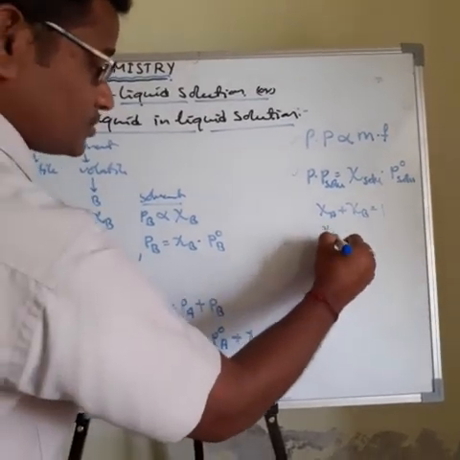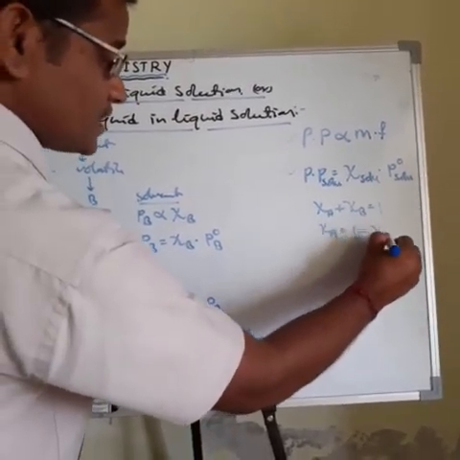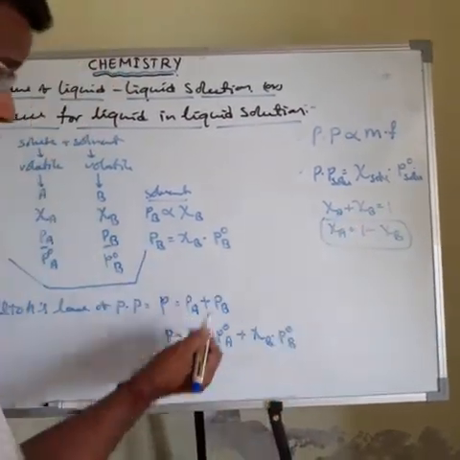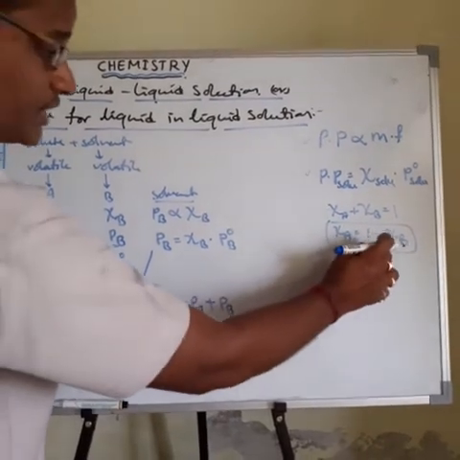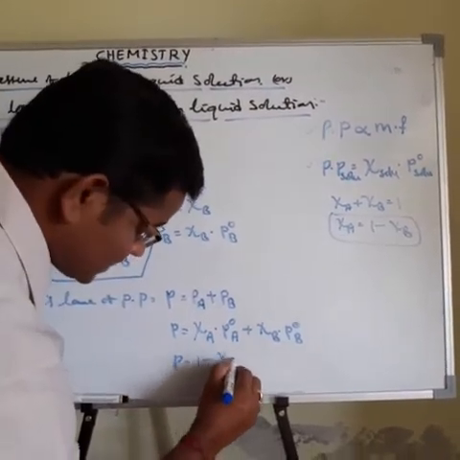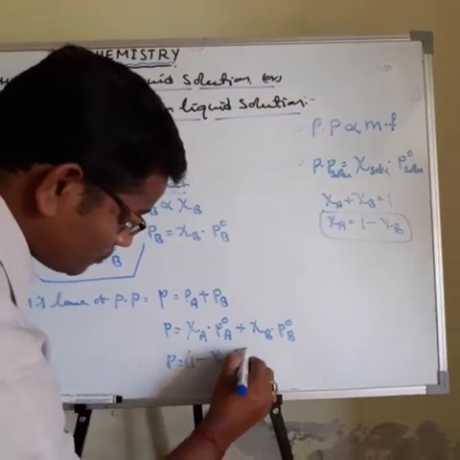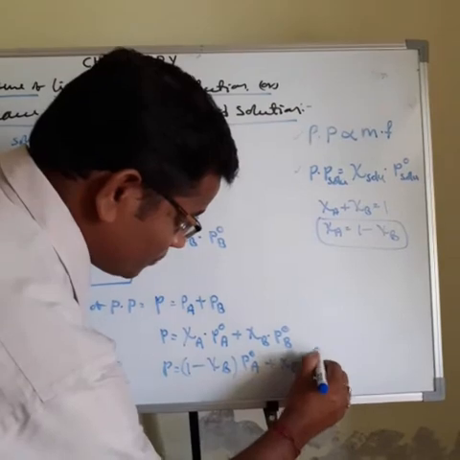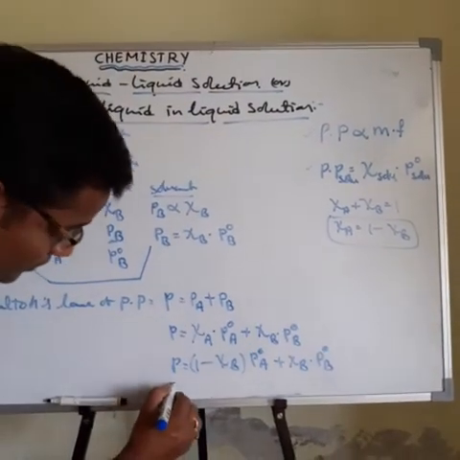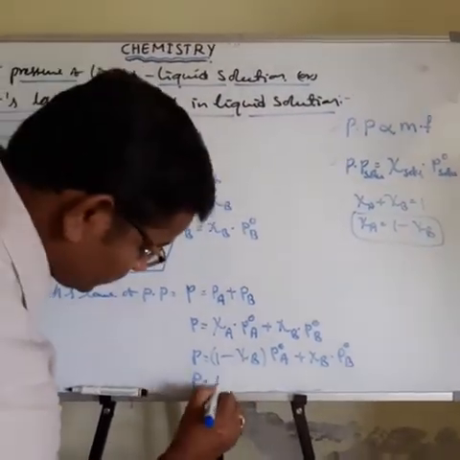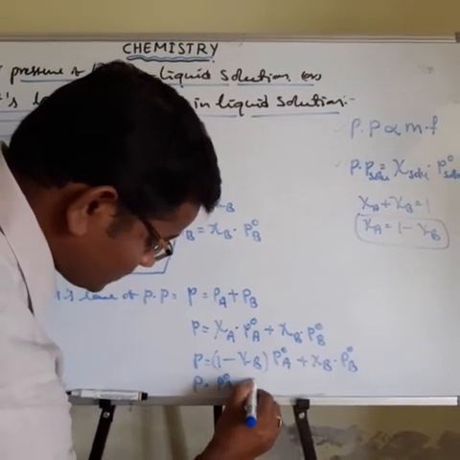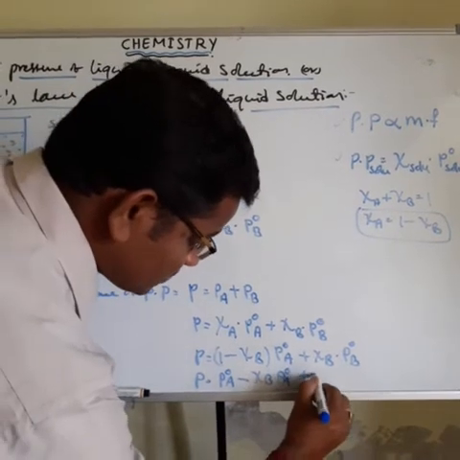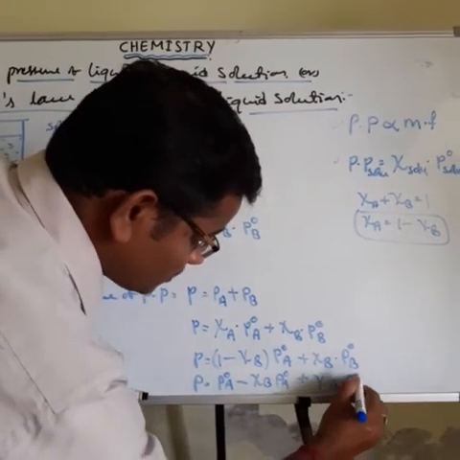Therefore the mole fraction of the solute, Xi A, is equal to 1 minus Xi B. So substituting this value instead of Xi A, we can write 1 minus Xi B into P naught A plus Xi B into P naught B. Therefore P is equal to P naught A minus Xi B P naught A plus Xi B P naught B.